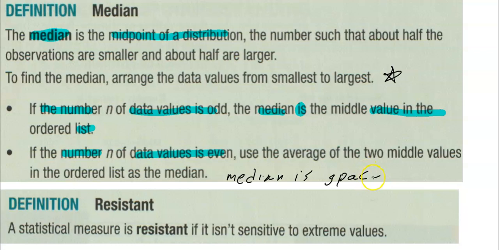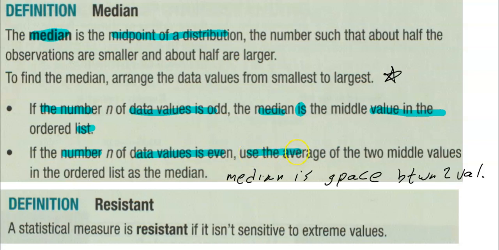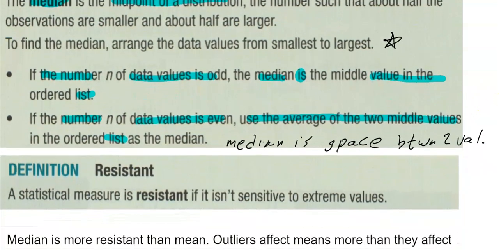The median will be the space between two values. So what you need to do then is use the average of the two values from our list. Okay, I'll show you that in a minute.